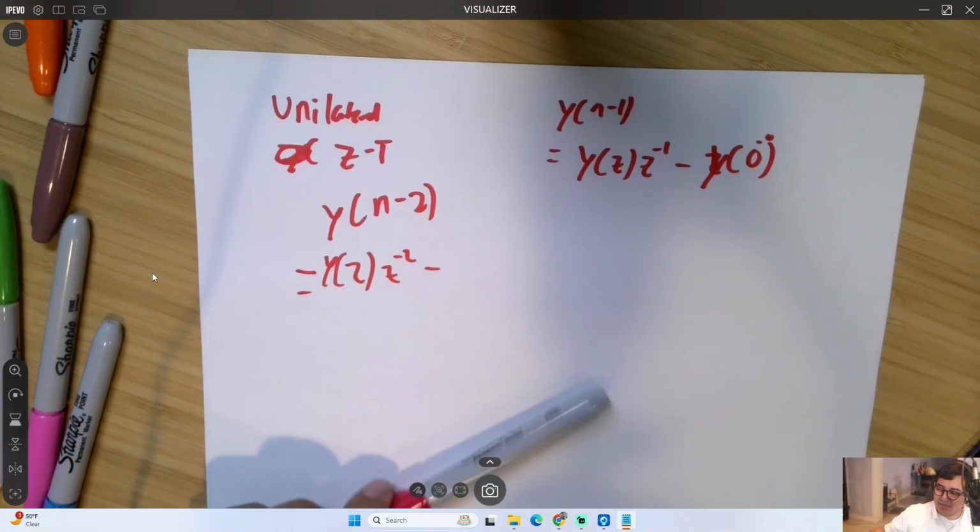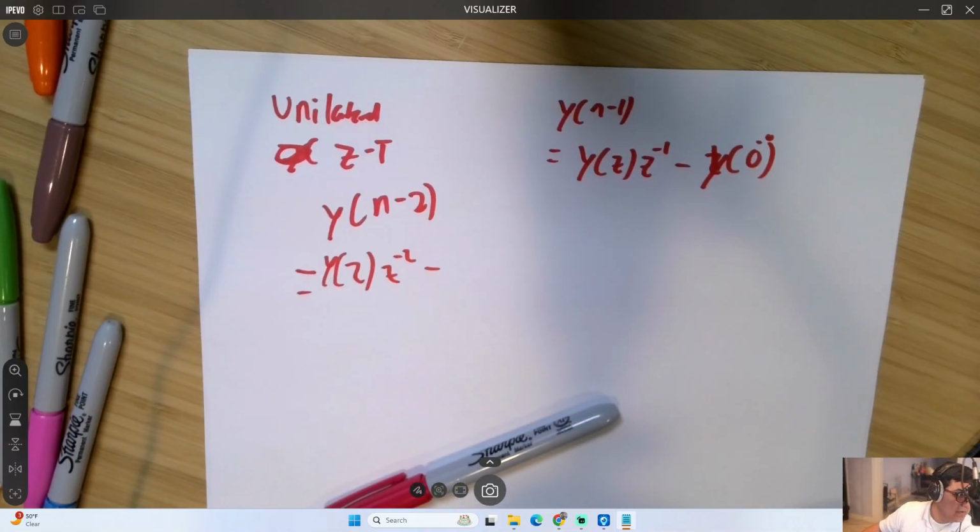It's like the difference equations. Let me see if I can show you. Z transform differentiation property. Let's see if I can show you this. It's this puppy. Where is it?